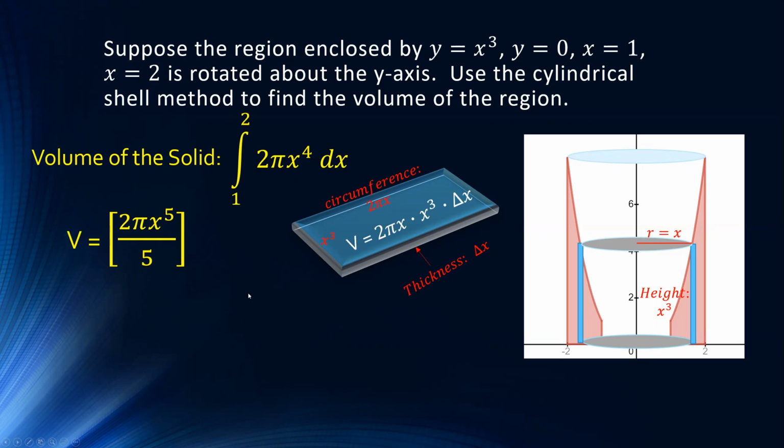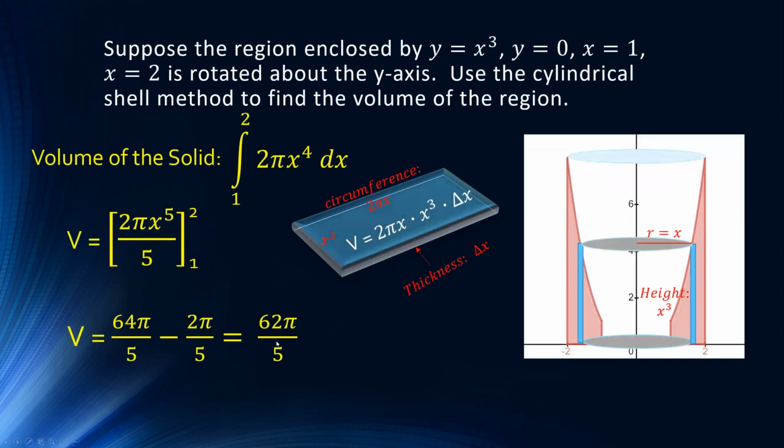It becomes 2 pi x to the fifth divided by 5, evaluated from 1 to 2. Plug in 2, plug in 1, that would be f of b minus f of a when you have a definite integral, right? And that should give you 62 pi over 5. Nice, right? As far as calculus goes, there are only 3 steps. But we really need to understand where that comes from, and the picture really helps us here.